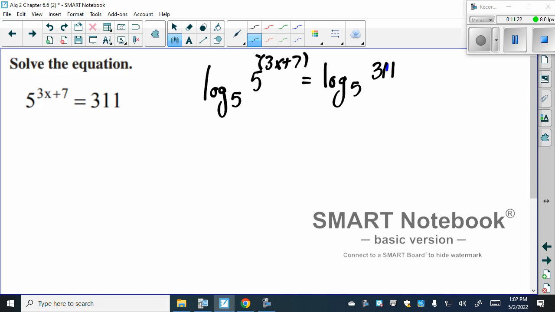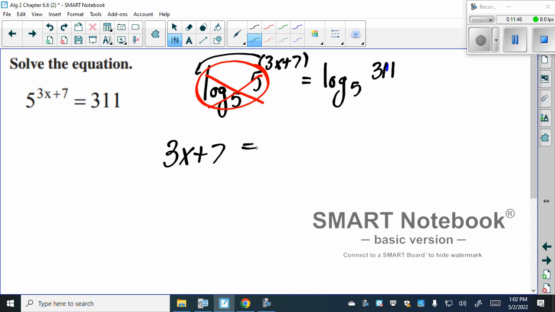On this side here, the 3x plus 7 would move out to the front. It would simplify to 1 and cancel out. We won't have to rewrite it. Mainly because 3x plus 7 times 1 is just 3x plus 7.